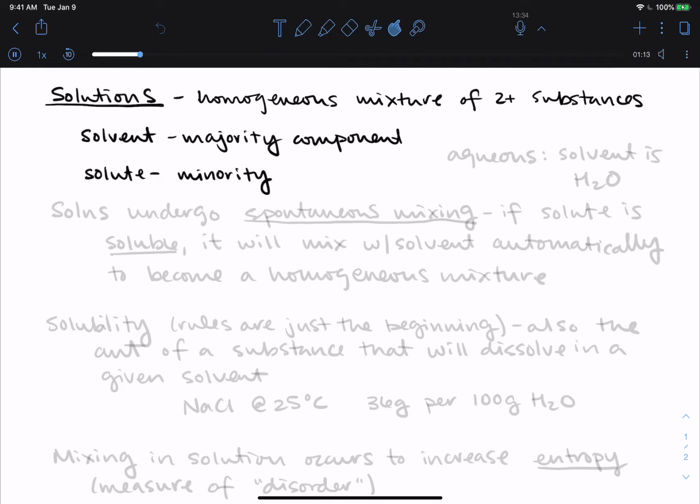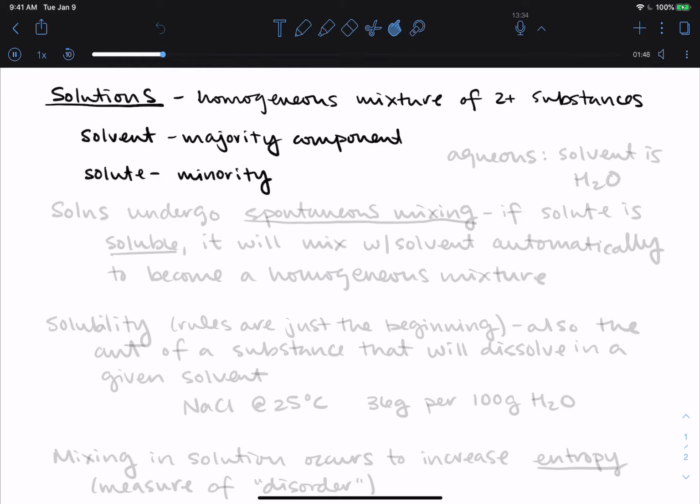Now, for a lot of what we talk about, the solute ends up being some type of salt, like sodium chloride, that we then dissolve in some liquid solvent. But we will, by the end of this chapter, move to talking about binary liquid mixtures. In that case, both things that we're mixing together are going to be liquids, and even the majority-minority designation may not be quite right because it's possible to have a perfect 50-50 mixture.